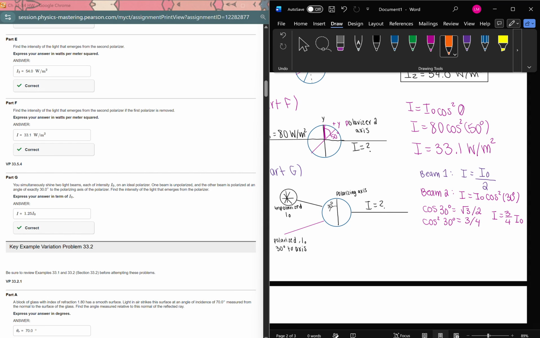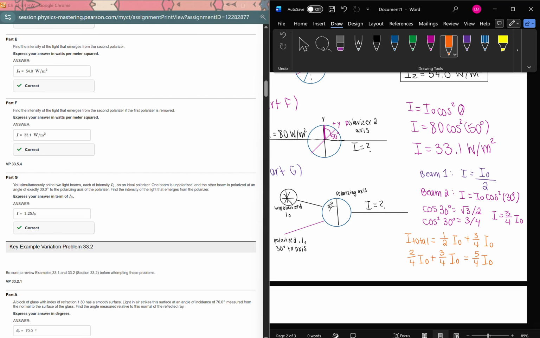The total I equals 1/2 I0 plus 3/4 I0, so it's fractions, and we need a common denominator. 1/2 is 2/4, so that gives us 5/4 of the original initial intensity.